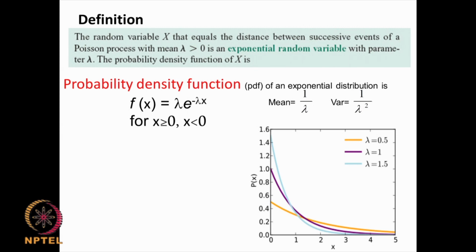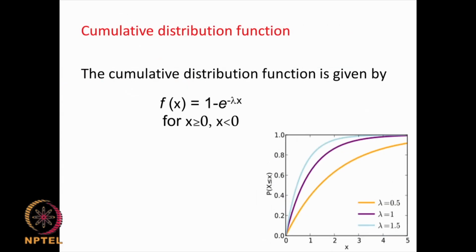So, the random variable x that equals the distance between successive events of a Poisson process with the mean lambda greater than 1 is an exponential random variable, okay, and this is the probability density function. For different values of x, as you can see, the graph gives you the probability density function. You can also calculate the cumulative distribution.